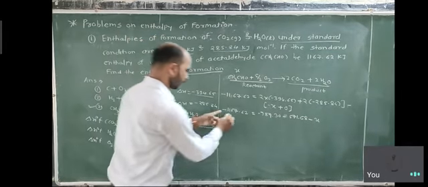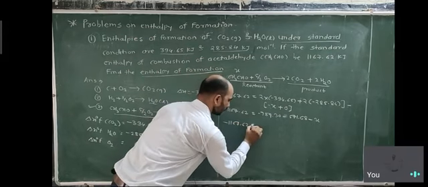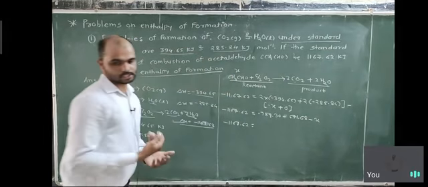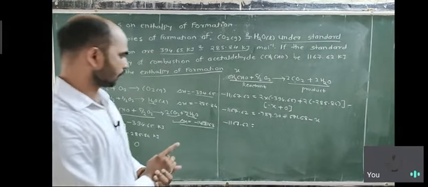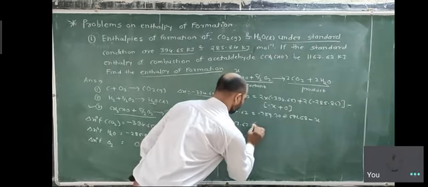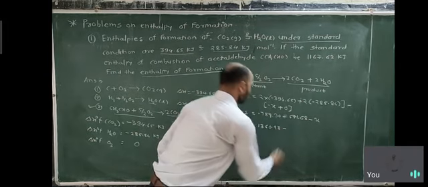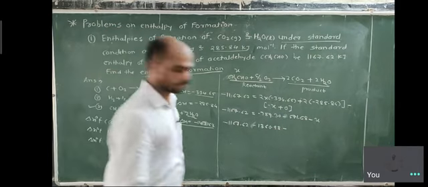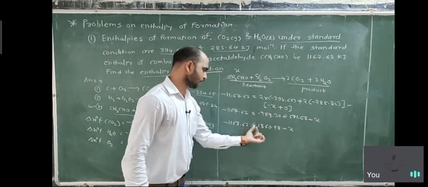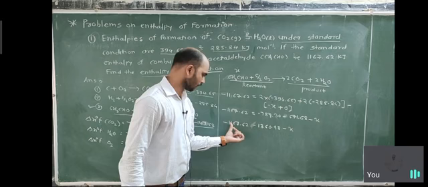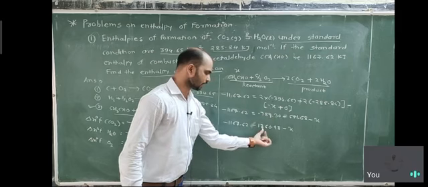So minus 1167.62 is equal to, this minus minus comes together as a positive value, and the answer is minus 1360.98 minus X. These two add together, so 1360 minus X.